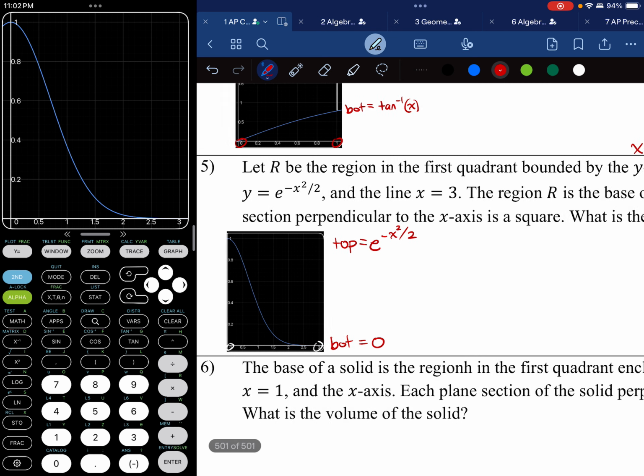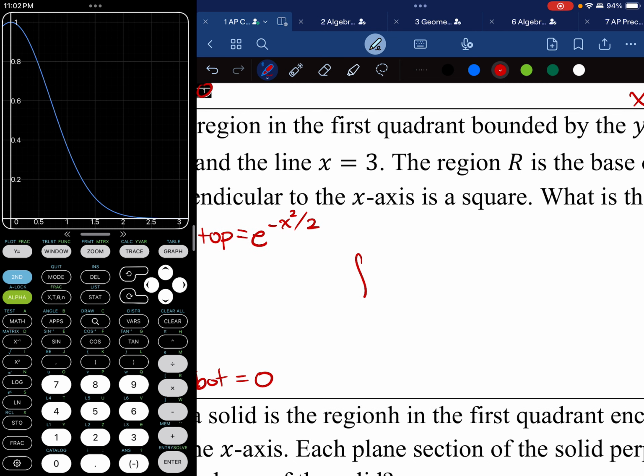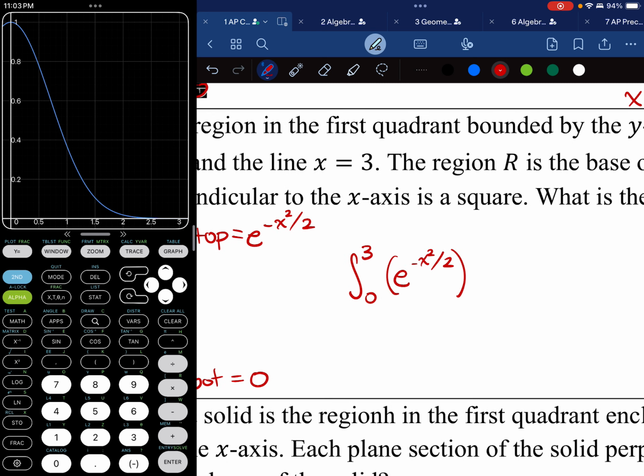And we have our bounds from 0 to 3. So I can say this is going to be the integral between 0 and 3 of our top e to the negative x squared over 2, and minus 0, which we don't write, and then that entire quantity squared. And then dx, which is kind of interesting because if you think about the powers, this 2 and this 2 kind of cancel each other out, and it's really just doing the integral of that thing.